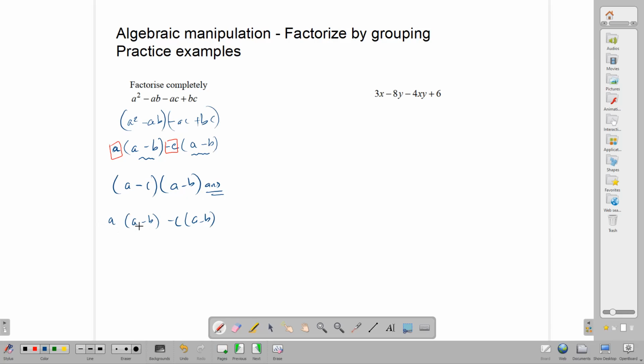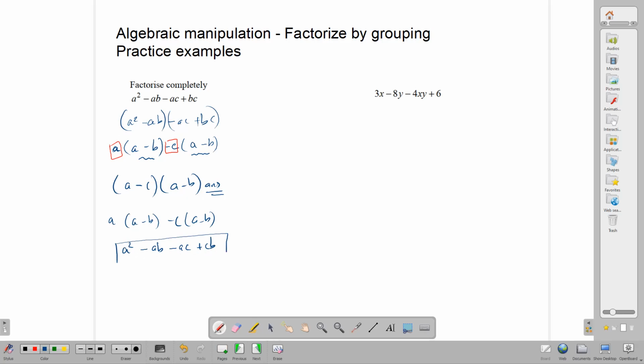Notice that when you multiply a by a, you get a squared, and a by minus b gives you a minus ab. When you multiply a minus c times a, you get a minus ac, or minus ca. And here, minus c times a minus b gives you a plus cb, or bc.